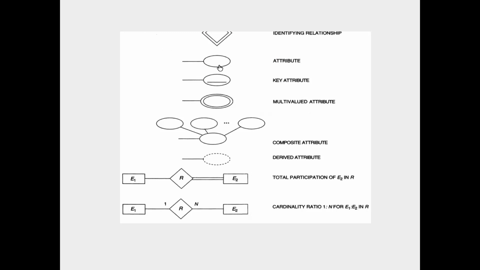You can use an ellipse to represent attributes. You can use an ellipse with an underline to represent a key attribute. You can use double ovals to make multi-valued attributes. When you have more than one component in the attribute, you represent it like this, which is a composite attribute. Finally, you can have a dash ellipse, which represents derived attributes. Okay, so I think you are now familiar with entities and attributes.